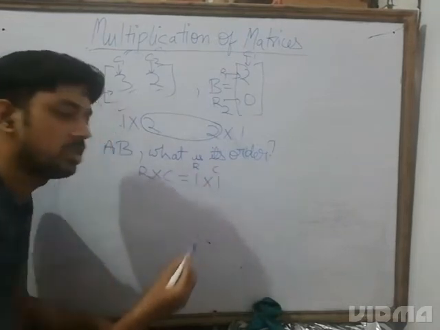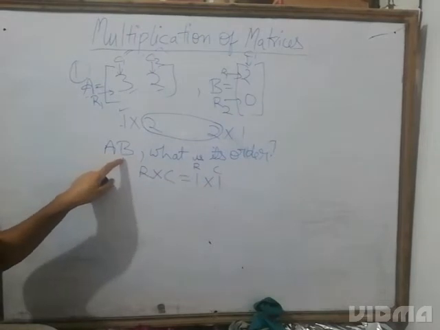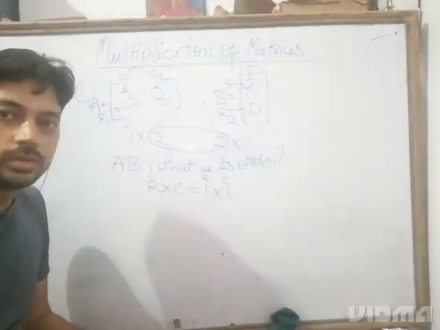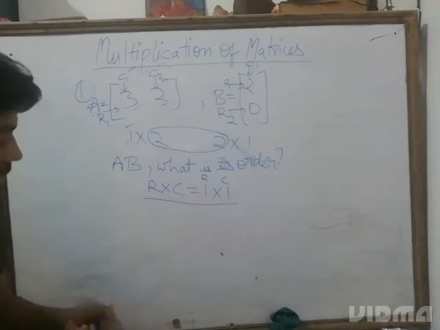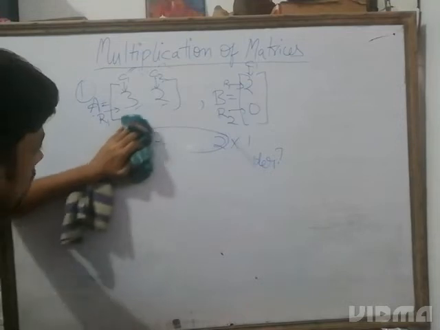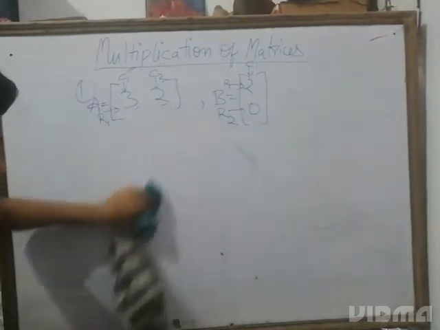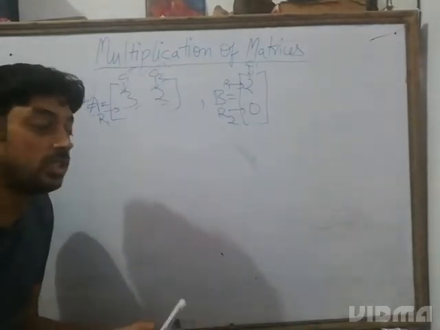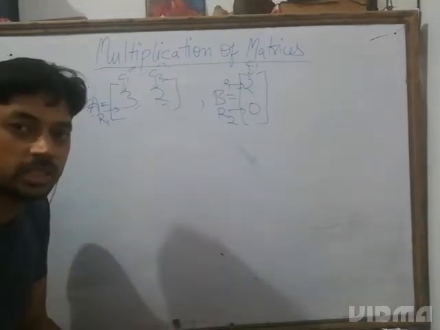This is the row and this is the column. So this is the order of the multiplication of matrices A into B. So if we have to multiply, we have to understand order very well, because if we know the order of the resulting matrix, we can easily see what the elements of the newly formed matrix will be.